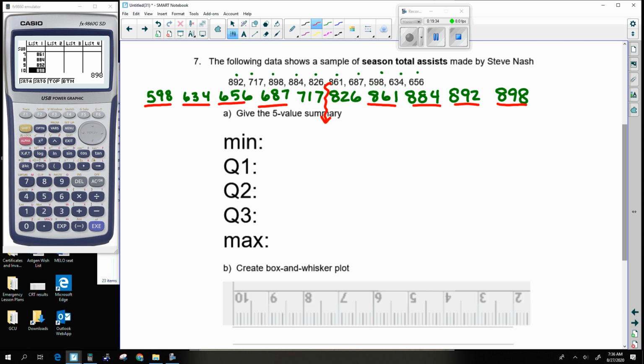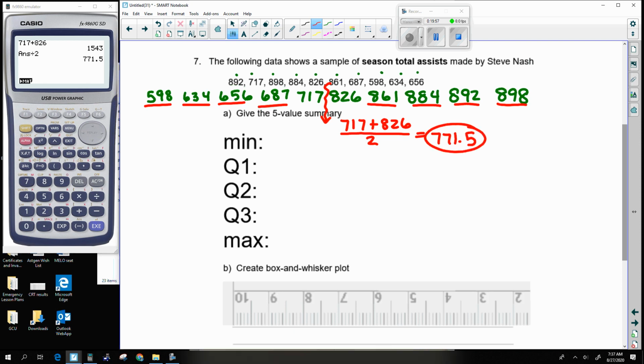So that's in between 717 and 826. Again, how you find the middle of any two numbers is you add them up and divide by 2. So 717 and 826, 771.5. Okay, that is the median.